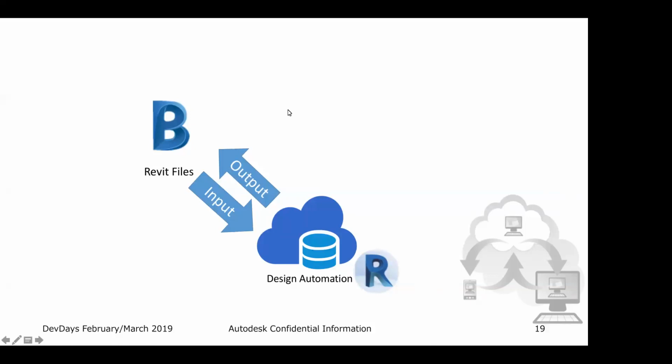There is a service just for that, to convert Revit files to IFCs inside Model Derivative. But that will be available inside Design Automation soon, right? That's the plan. So I will come back to questions later.